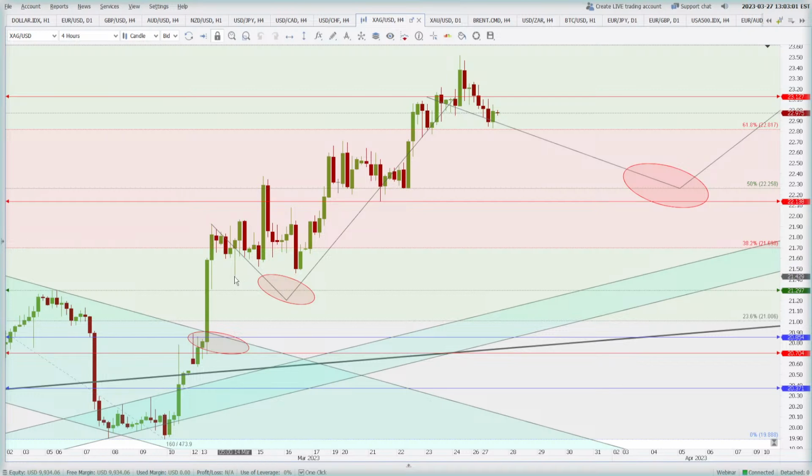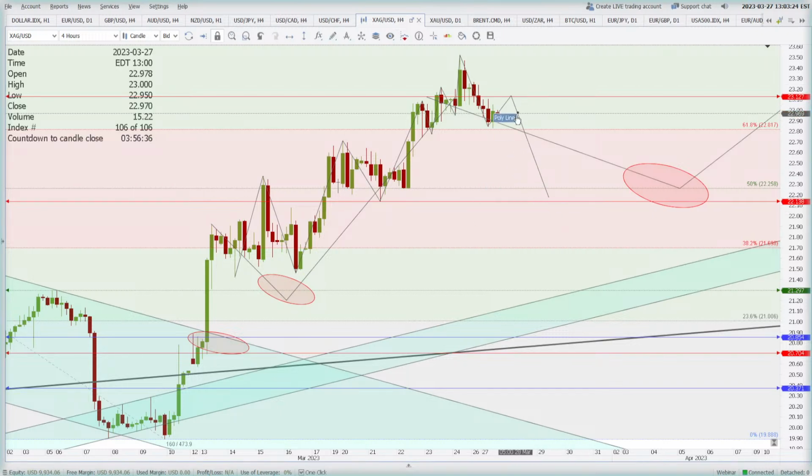When the price was making higher highs, higher lows, higher highs, higher lows, and then lower lows. So I'm expecting now lower high and lower low.